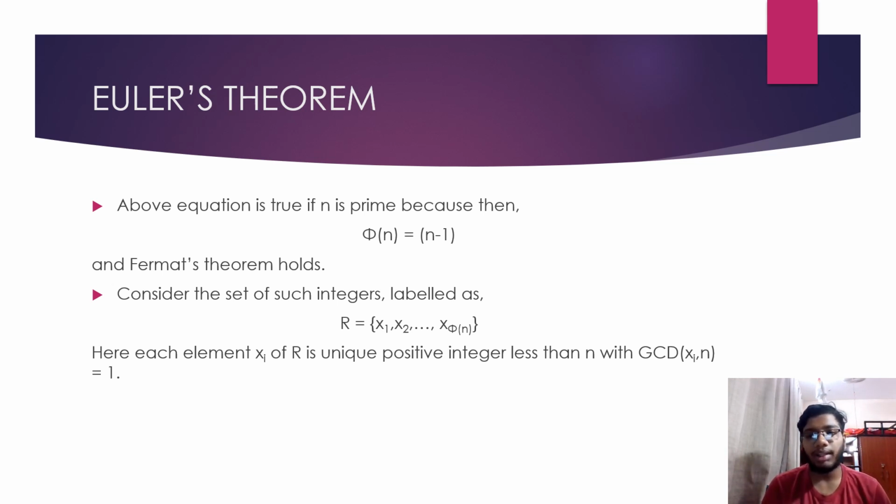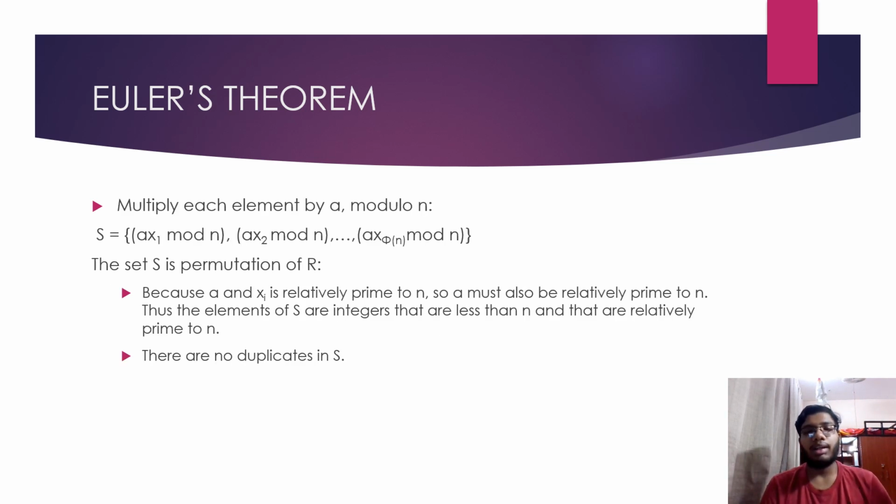Now we multiply each element by a modulo n. S is equal to a x1 mod n, a x2 mod n, up to a x phi of n mod n.